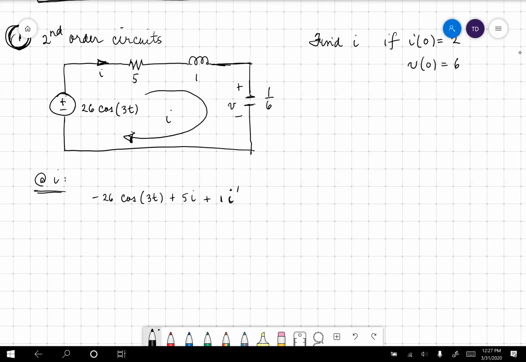I is the only current that goes through the capacitor. And so you might remember that we had an equation that looks like the following. There are multiple ways to write it. Let's put this aside over here to remember.